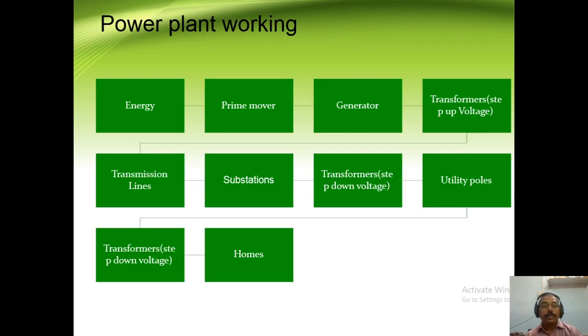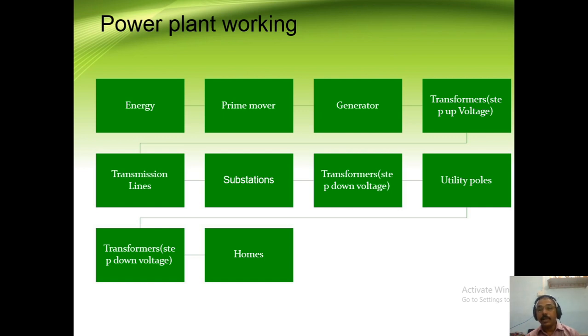So let's see the generalized working of the power plant. Here, a block diagram is shown. The energy is given to the prime mover, just like a turbine, and this turbine is connected to the generator.